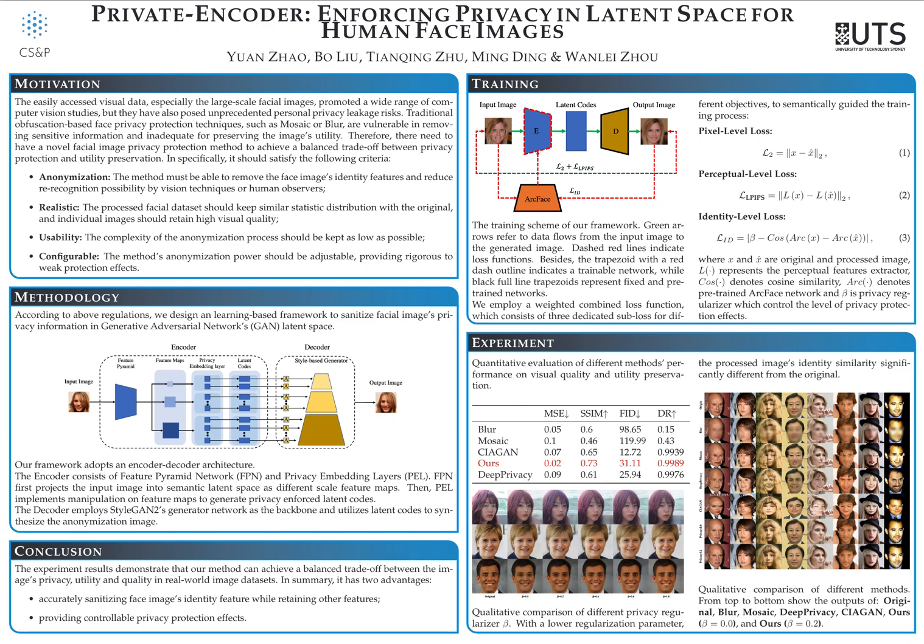And the identity level loss function is used to limit the amount of pivotal information present in the reconstructed images. We set a privacy regulator beta to restrict the cosine similarity between the input and the reconstructed images' identity features to reduce the privacy information.